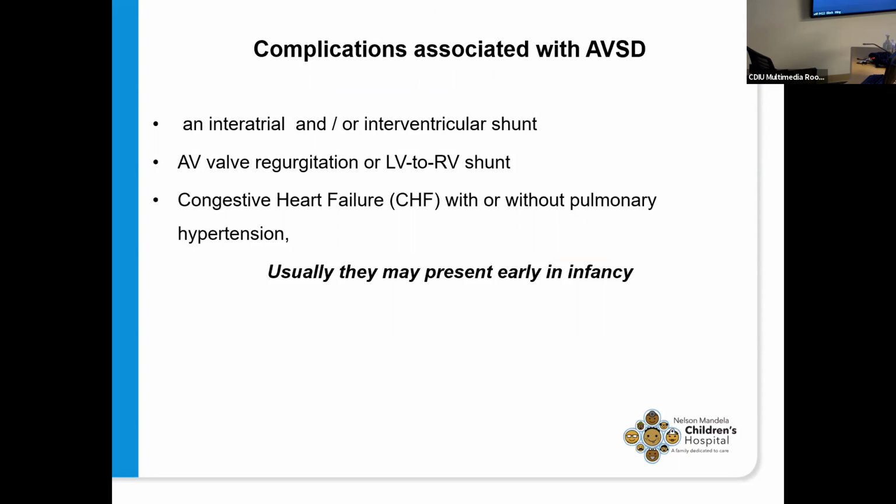And this is going to lead to congestive heart failure with or without pulmonary hypertension. This may usually present in early infancy or immediately post-birth, or it can be seen after 6 weeks when the child has already been discharged from the hospital.